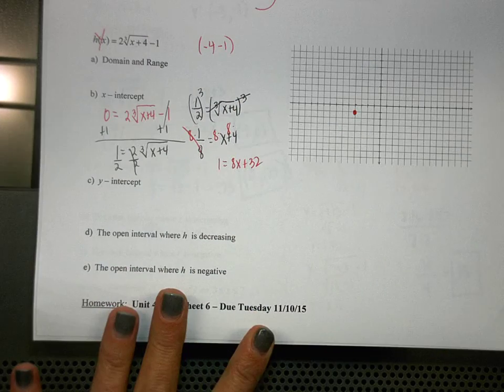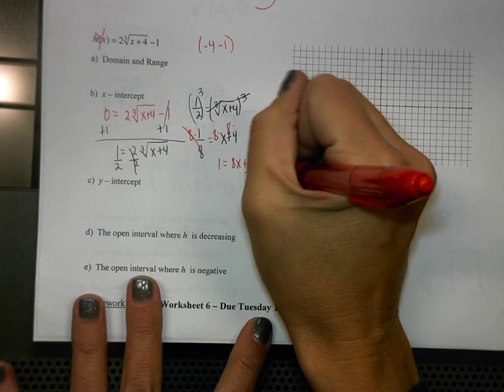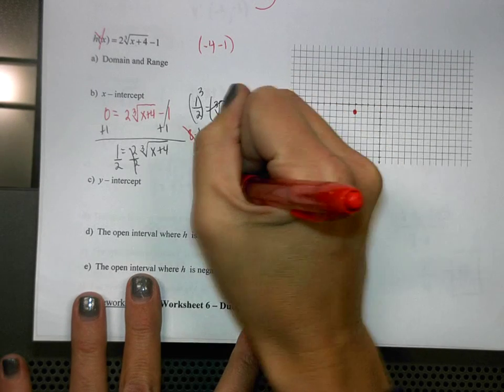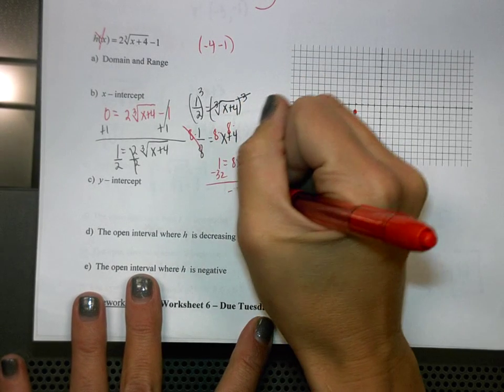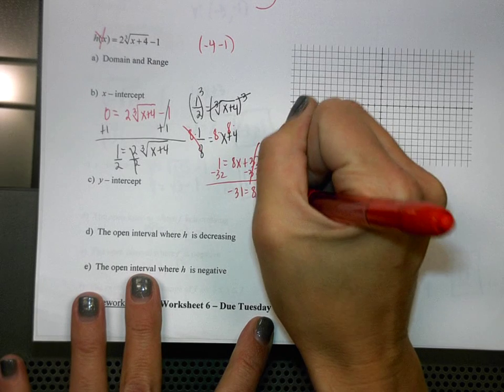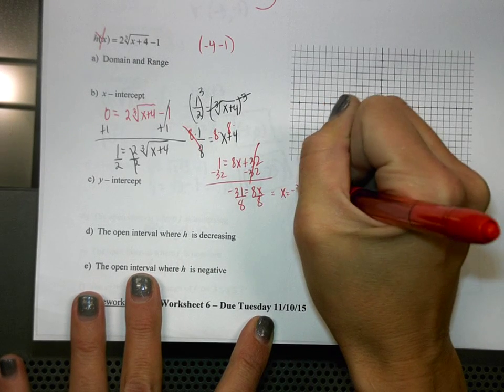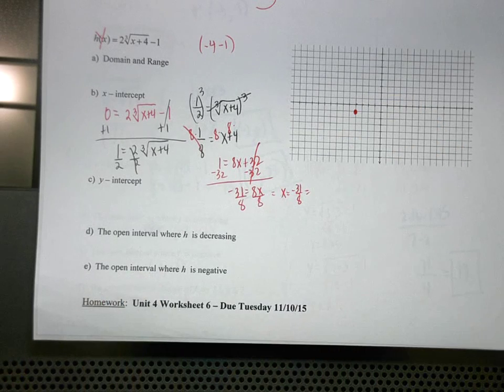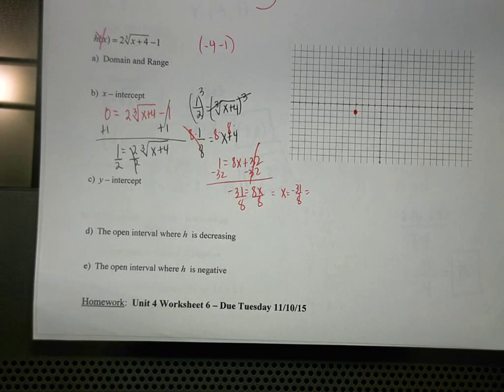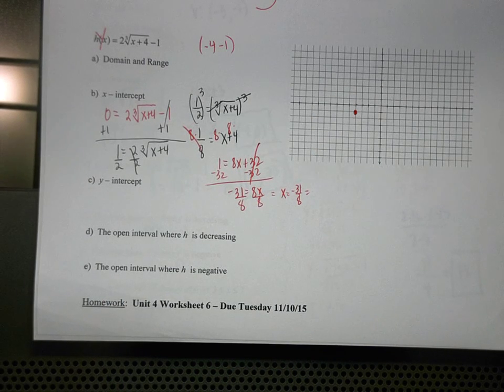Subtract 32. And we get negative 31 equals 8x. We divide by 8, and I get x equals negative 31 over 8, but I would plug that into my calculator. Because it's hard to picture where negative 31 over 8 is without knowing what it is as a decimal. So when you plug it in, what does it equal?